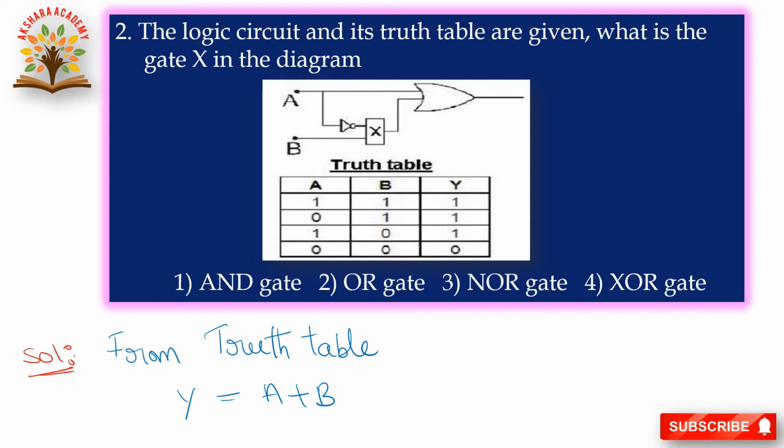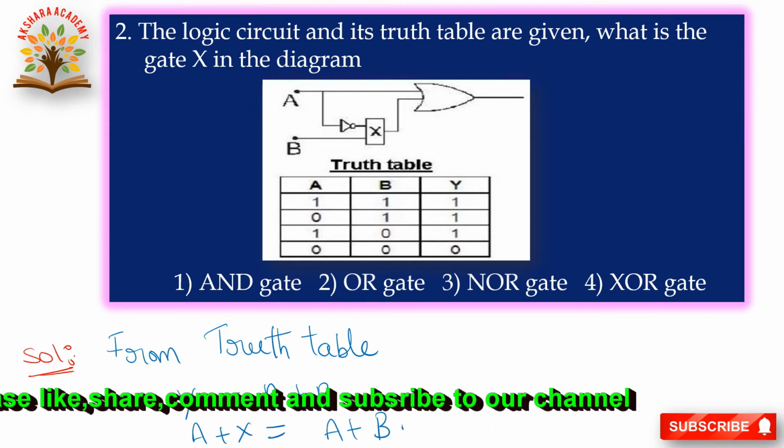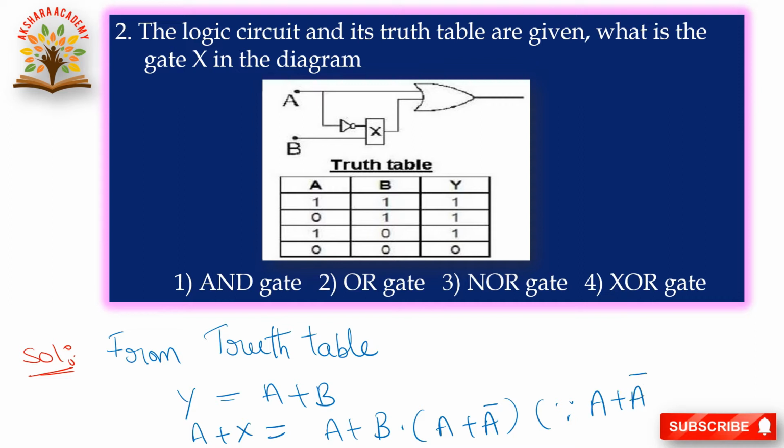So A plus X is equal to A plus B dot A plus A bar. Since A plus A bar is equal to 1, A plus X is equal to A plus B dot A plus B dot A bar.